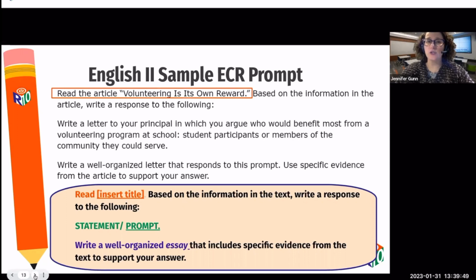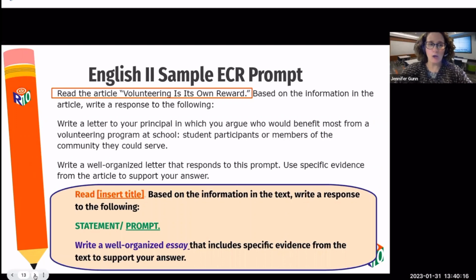So the student has been instructed to read that, and notice the expectation. Based on the information in the article, write a response to the following. It is very important that we understand and convey to students that their response should be completely based in and on the reading they were given.